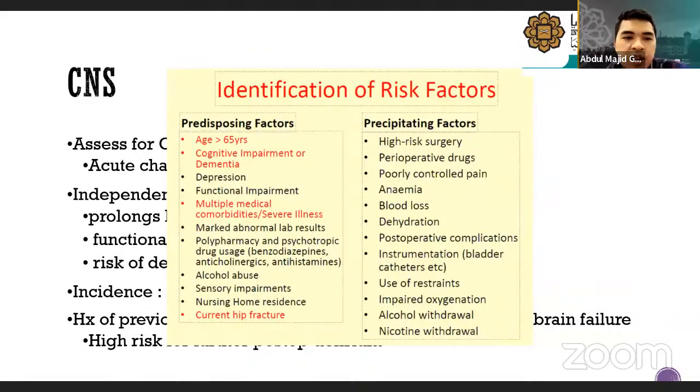For predisposing factors, as mentioned, there are a lot: age more than 65, cognitive impairment or dementia, and depression. Precipitating factors can be high-risk surgery, perioperative drugs, poorly controlled pain, anemia, blood loss, dehydration, post-operative complications, and even instrumentation of the patient, restraint of the patient, impaired oxygenation, alcohol withdrawal, and nicotine withdrawal.